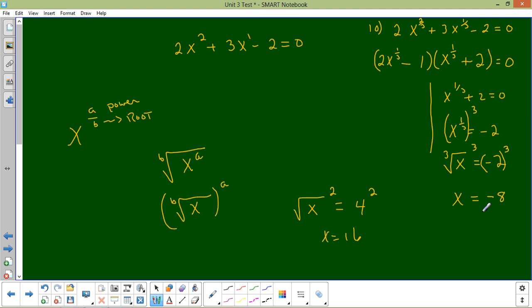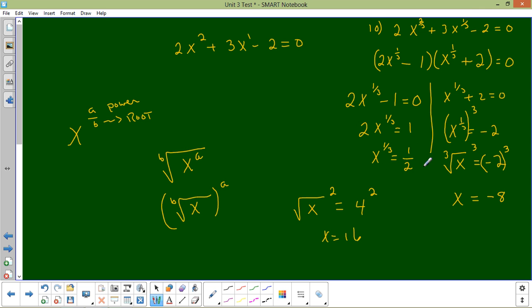And then from there we go to the other side, and we have 2x to the 1/3 minus 1 equals 0, okay? So 2x to the 1/3 equals 1. So x to the 1/3 equals 1/2, divided by 2.